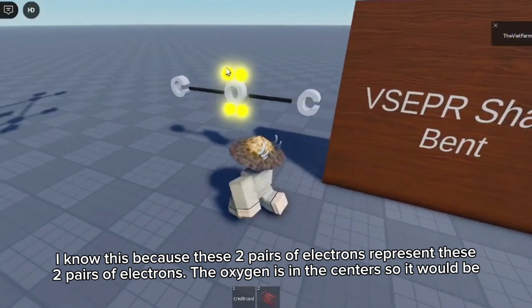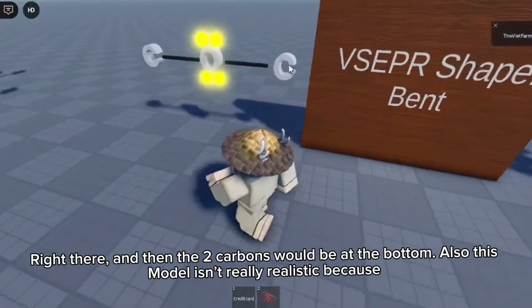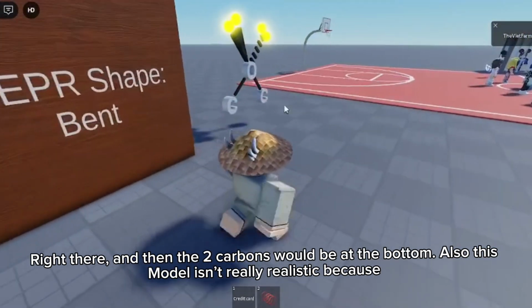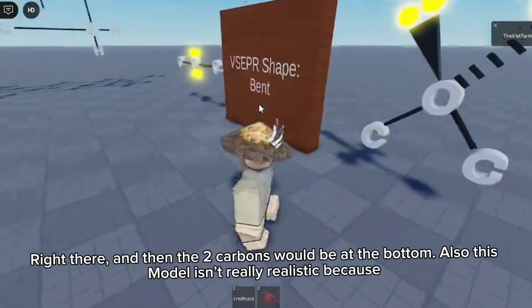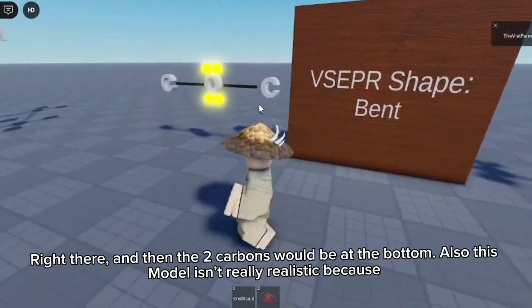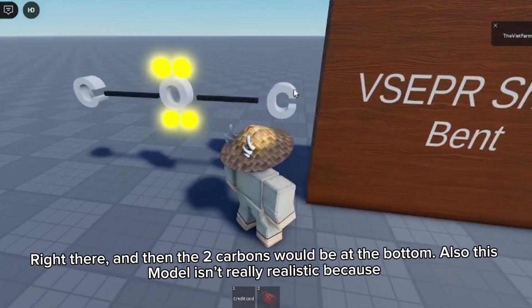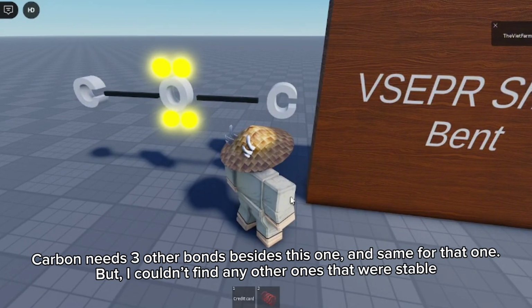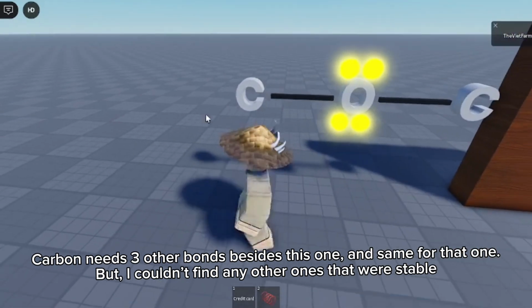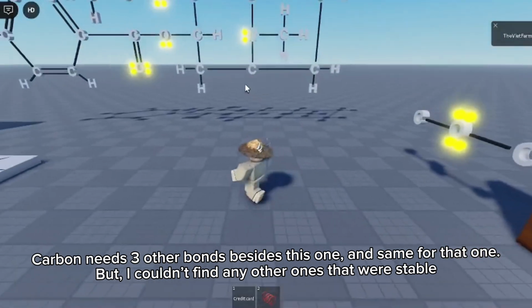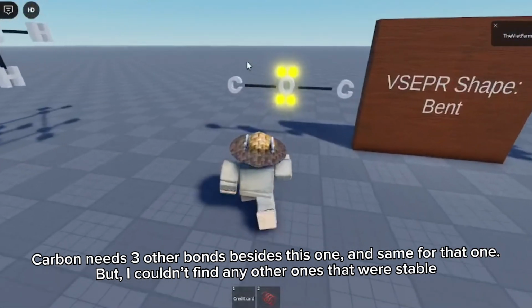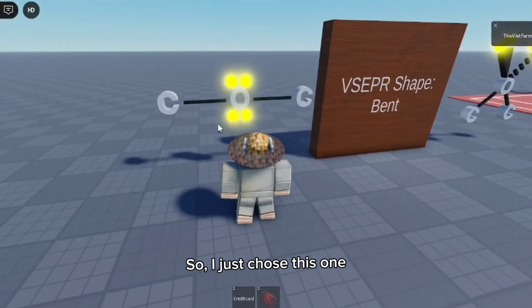The oxygen is in the center, so it would be right there, and then the 2 carbons would be in the bottom. And also, this model isn't really realistic because obviously carbon needs 3 other bonds besides this one, and same for that one. But I couldn't find any other ones that were stable, so I just chose this one.